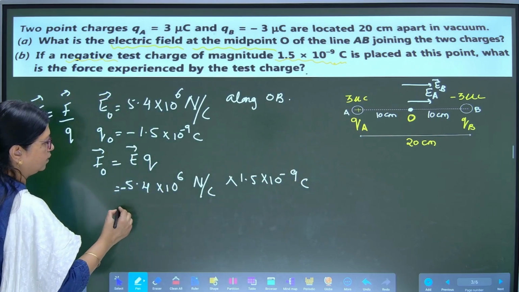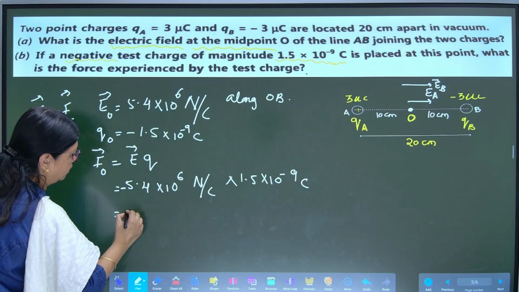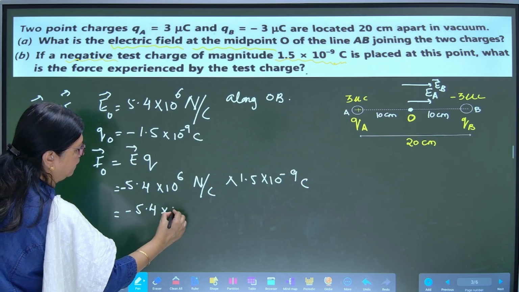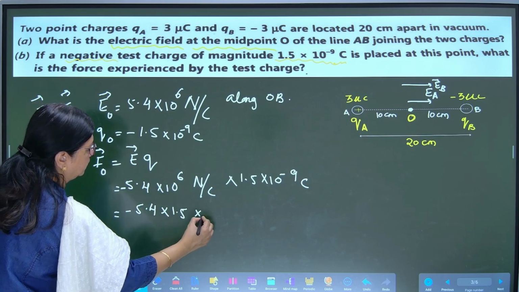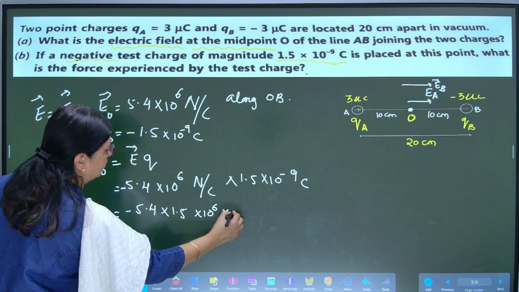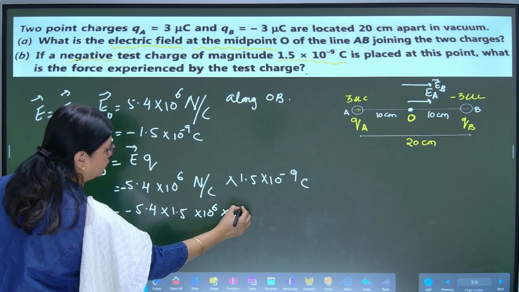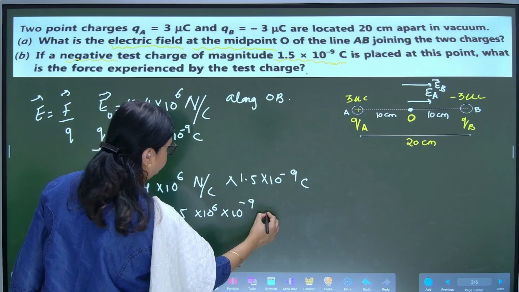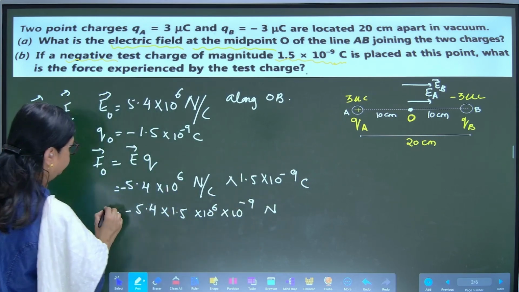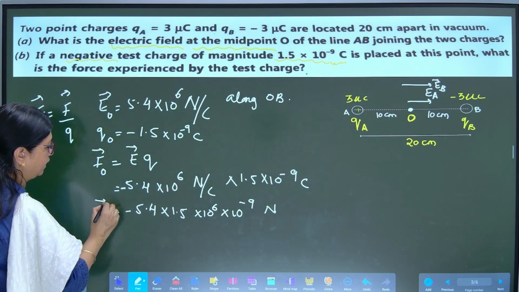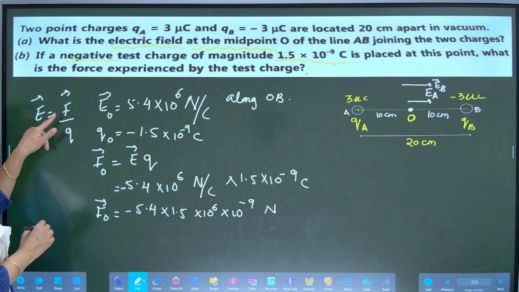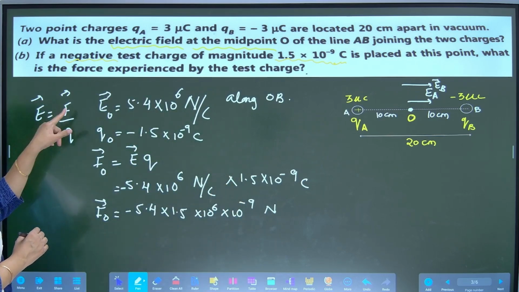So now here again, as explained earlier, separate the numbers and the powers so that it is easier for you to calculate. Newtons, F naught. And what is the direction? Direction of the electric field is always along the direction of the force itself.